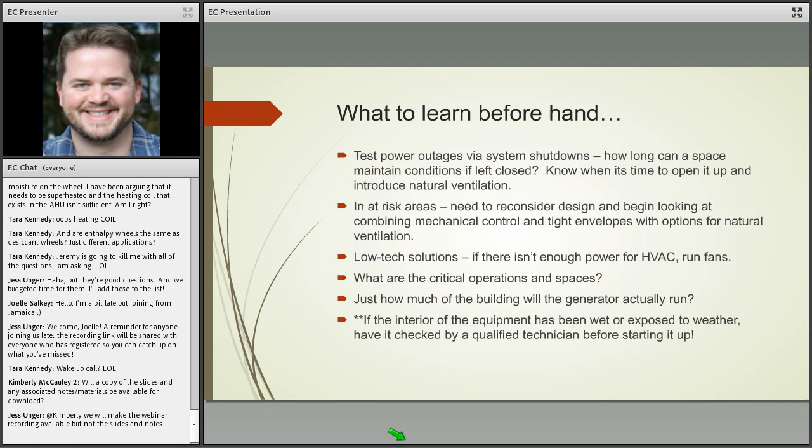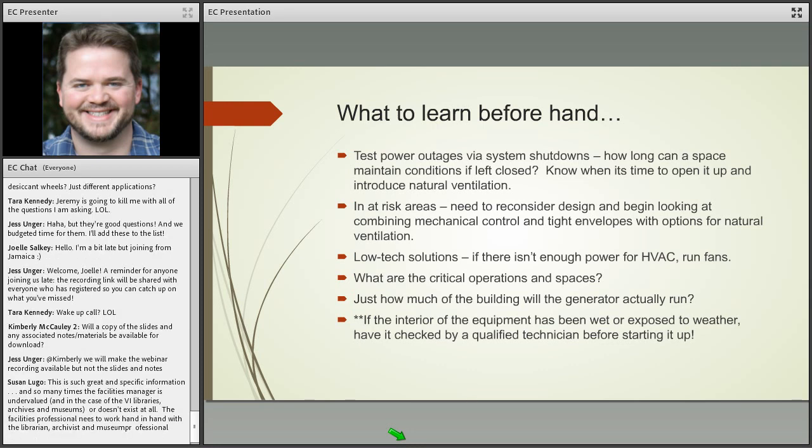For a lot of institutions, low-tech solutions may be the answer. This is a question that folks often bring up: is my generator large enough to run my mechanical system? It might be large enough to run a portion of it or one of your mechanical systems, but typically not your entire building or all of your environmental or collection storage. So think about what your low-tech solutions might be, something as simple as circulation fans.